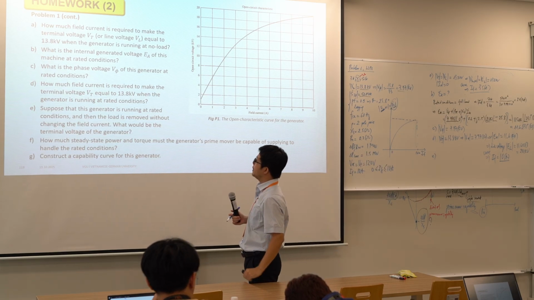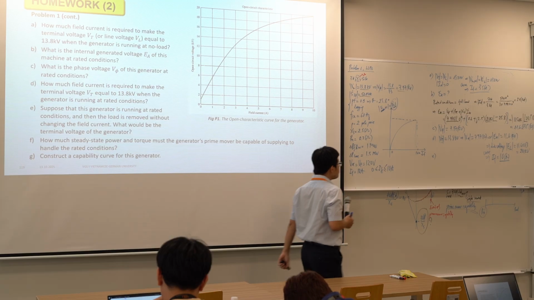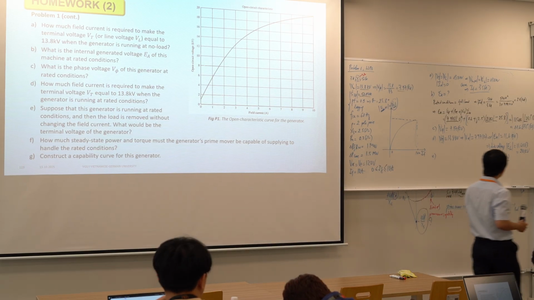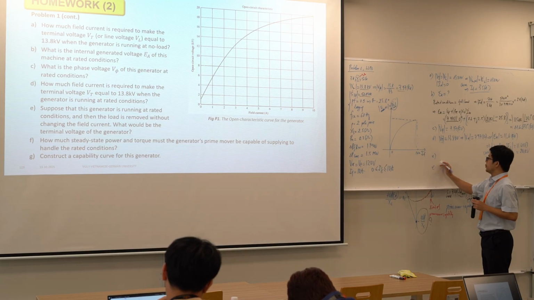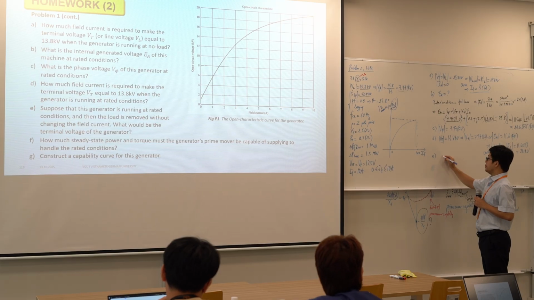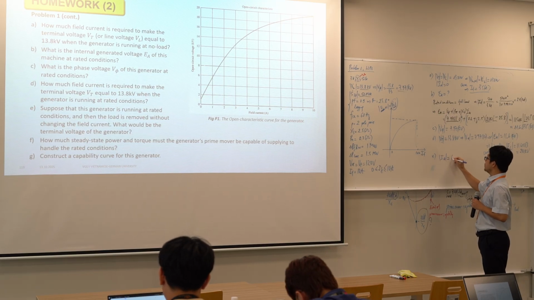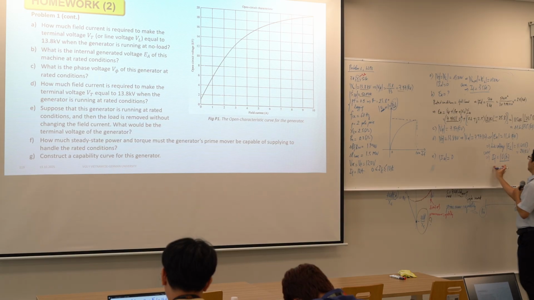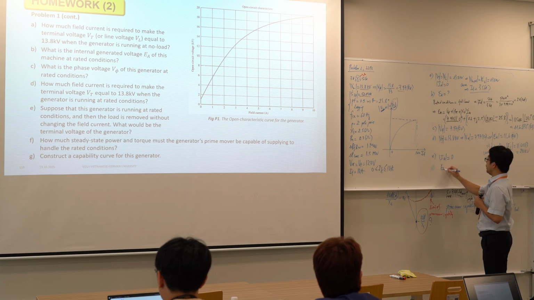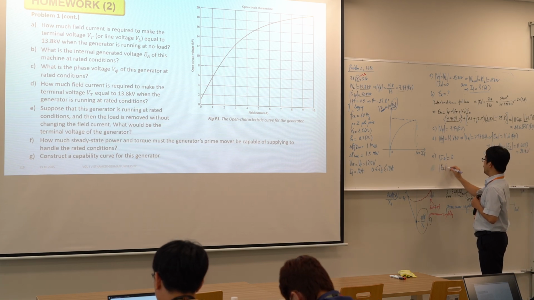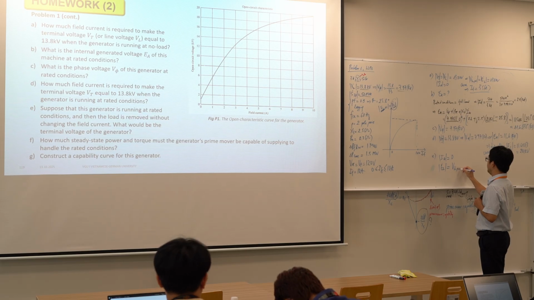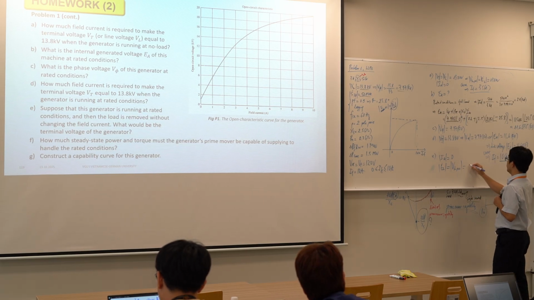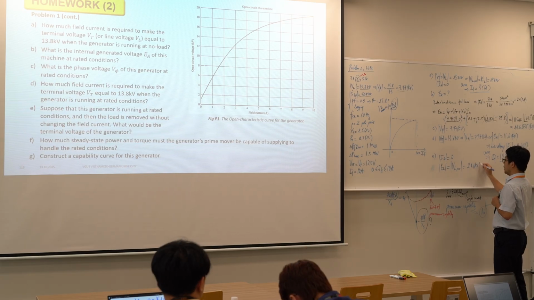What would be the terminal voltage of the generator? When we remove the load, that means IA becomes 0, but we keep IF. That means we keep EL, right? So now EL is the open circuit line voltage, equal to 20.1 kV.